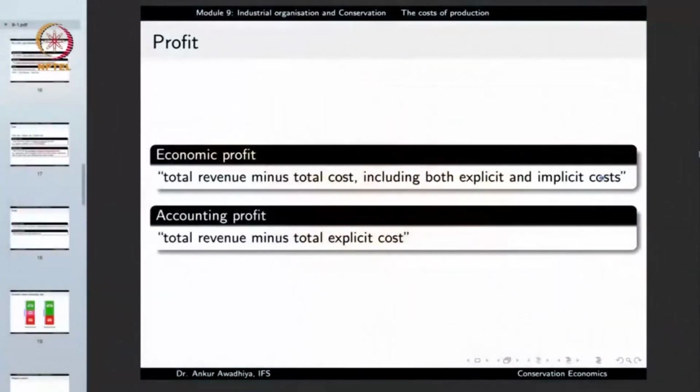Because had he not set up this startup, probably he would have been working in the old company, earning 60,000 rupees from there and getting 20,000 rupees out of the interest income from the money that he kept in the bank, which now he has spent in making of the startup. And so in that case, he would have earned more in the previous position than he is earning in the current position. And so there's a big difference between economic profit and accounting profit.